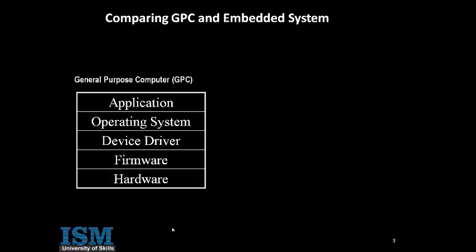Then we have a CPU, a processor. Then we have some memory, ROM, RAM. Some peripherals also would be there. Put together is what is hardware.